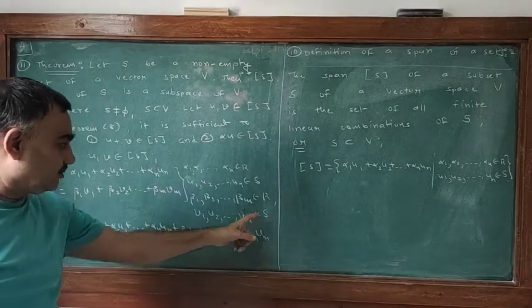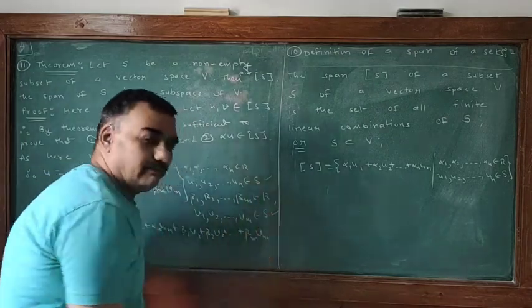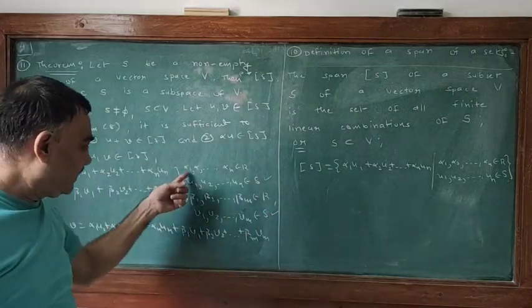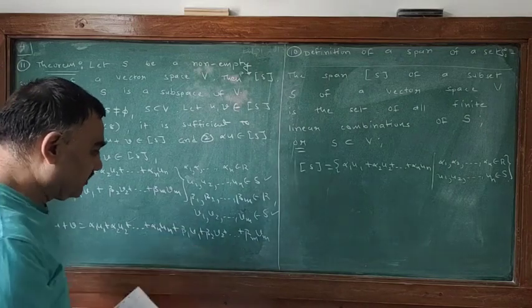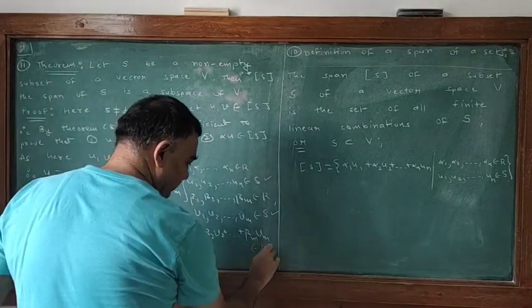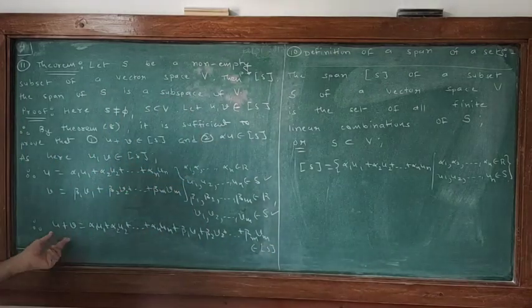All these vectors belong to S, and all alphas and all betas are real numbers. Therefore, this belongs to span of S. Obviously, therefore, u plus v belongs to span S.